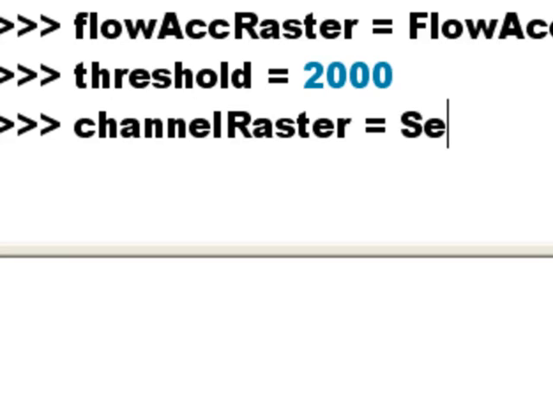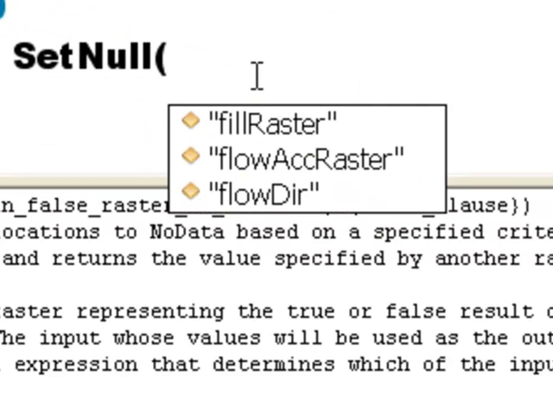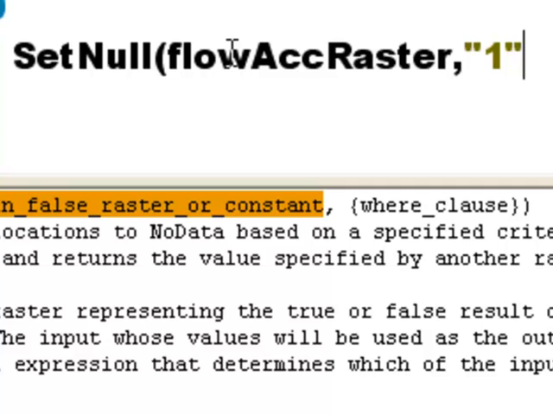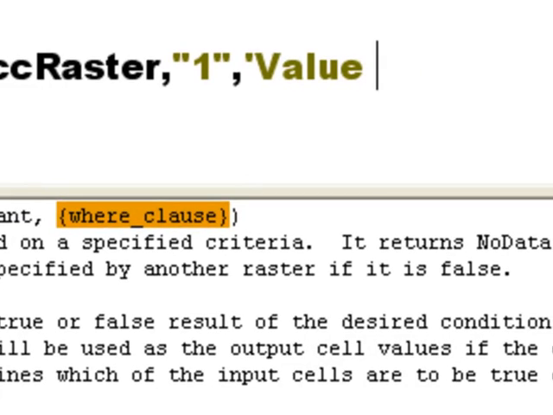So we could use the Set Null tool. So we're going to ask a question, and the question will be using our flow accumulation raster. And then if that question is false, we'll give the pixel value a 1. And then if the question is true, then it becomes no data. So then what is the question? So the question is, the value less than threshold?